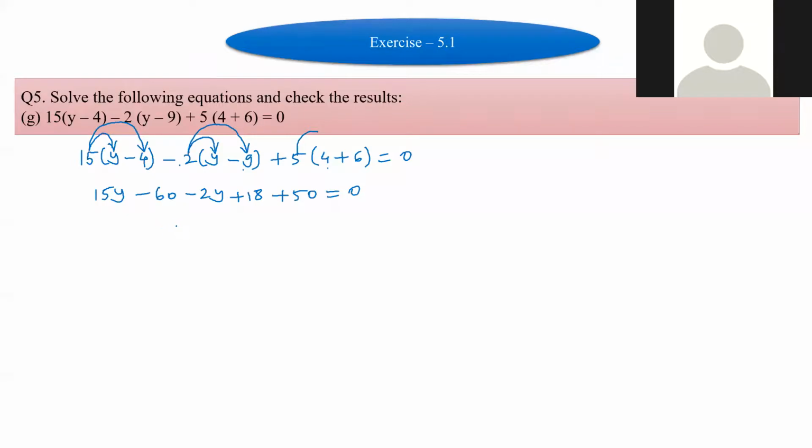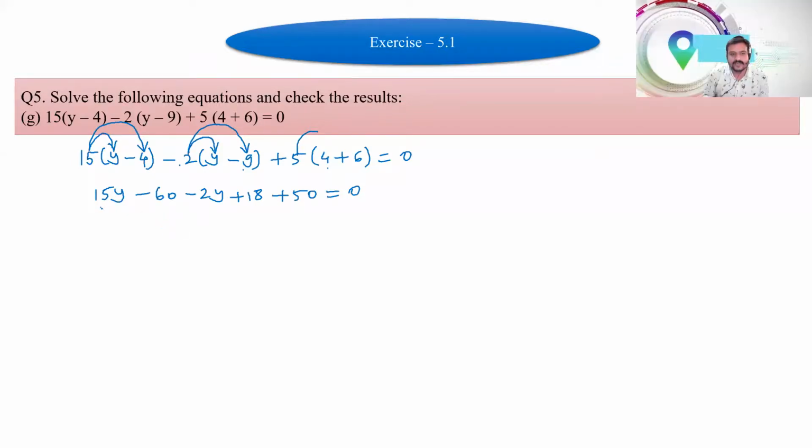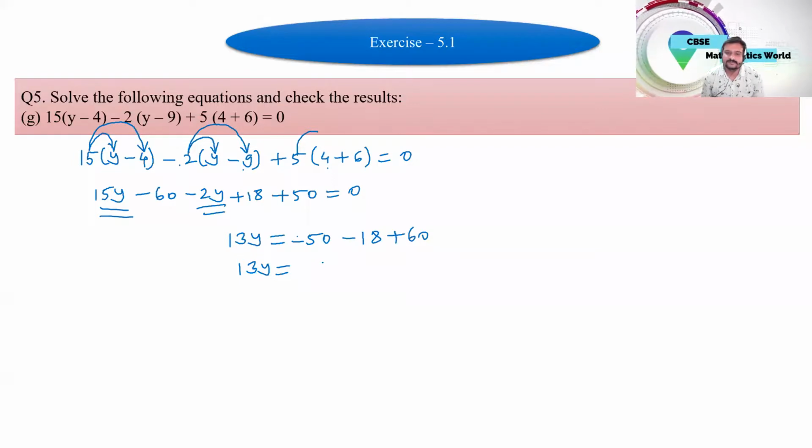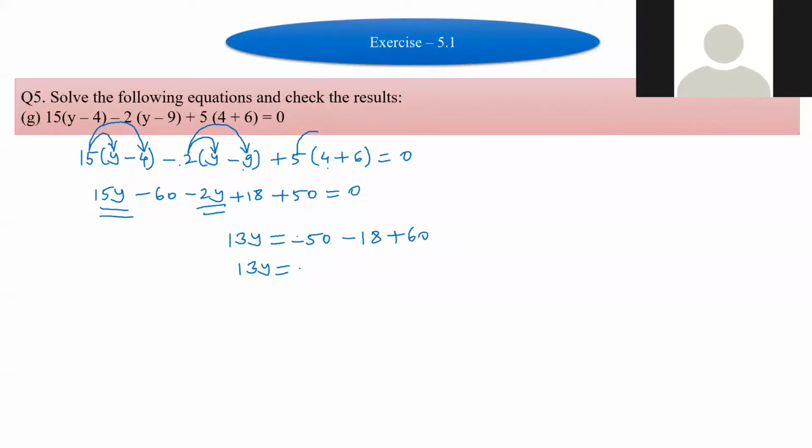So 15y minus 2y, we will write it is 13y, is equal to minus 50 minus 18 plus 6. Then 13y is equal to. Tell me how much it comes to? Sir, minus 8.